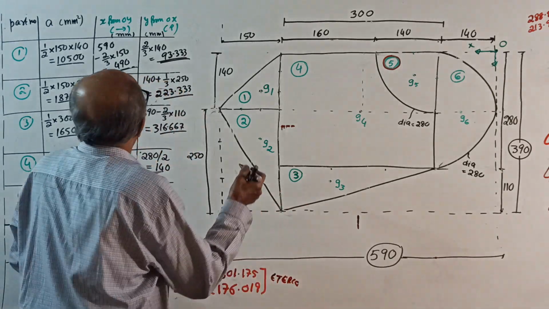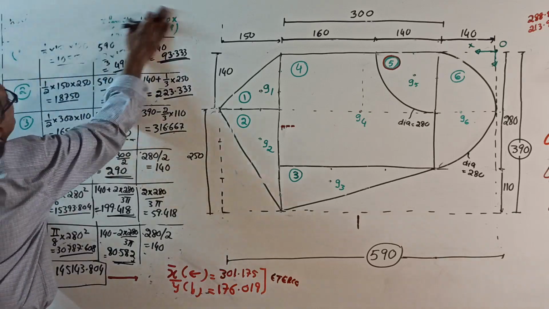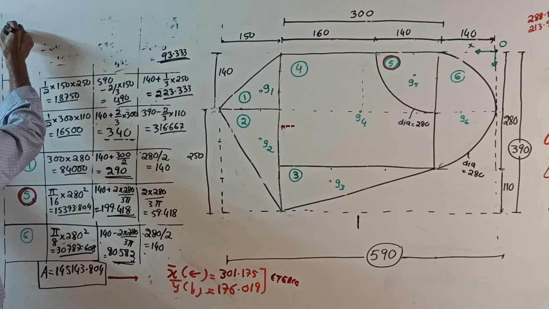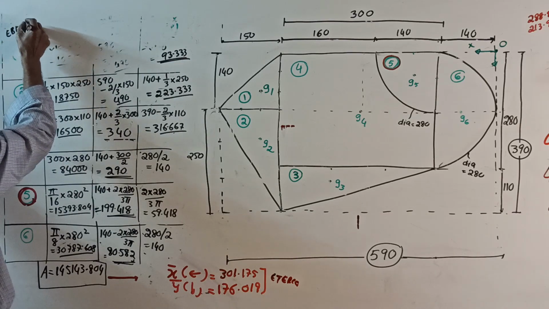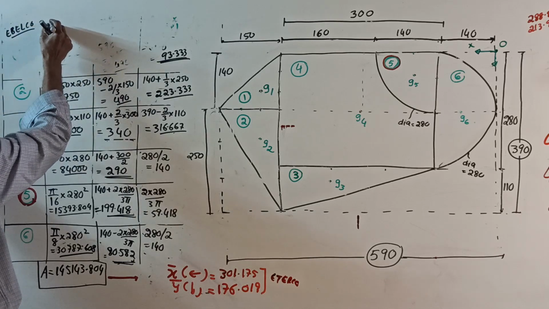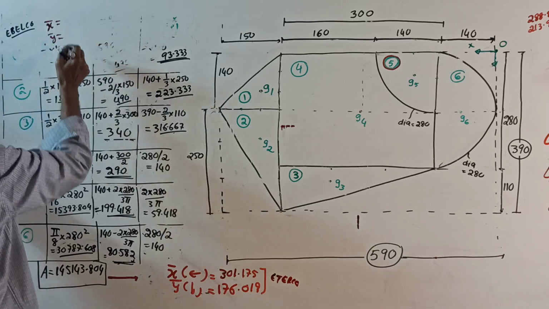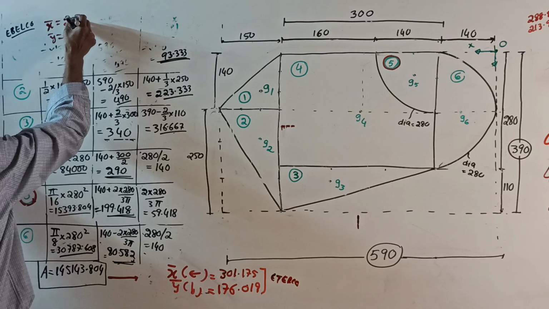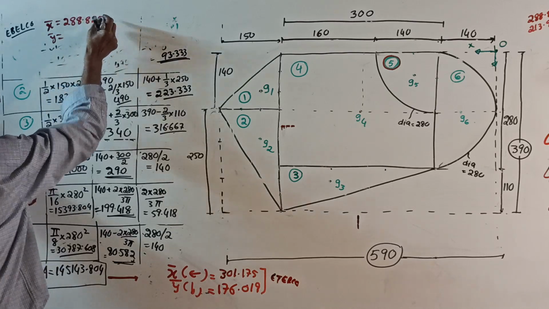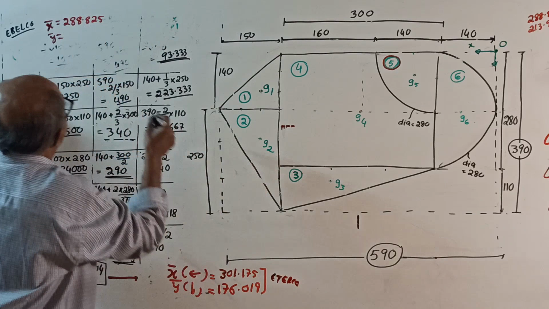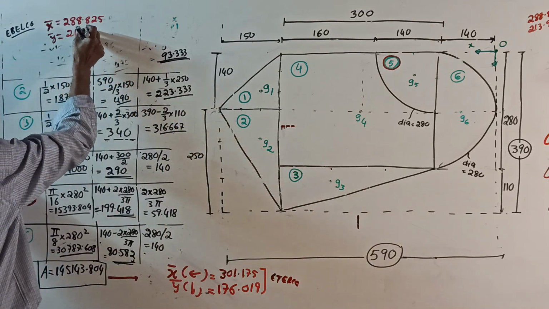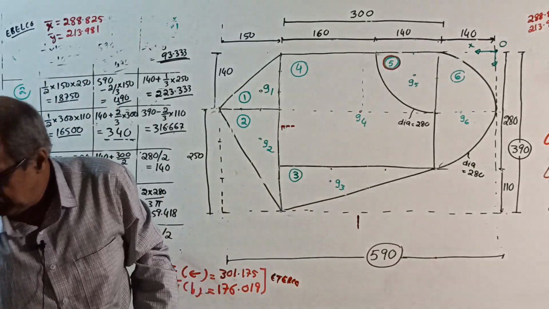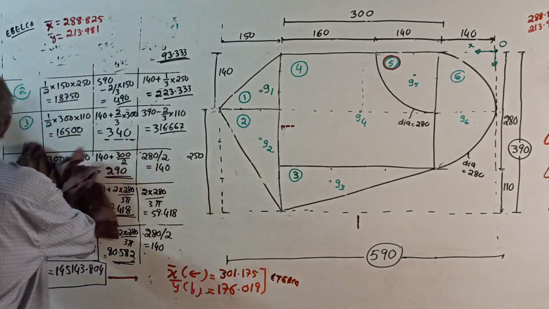And remember, I wrote somewhere here with Abelco, your x bar, y bar from last time, which I noted down: 288.825 and the other one is 213.981. Now the time has come to mark the x and y axis. I will mark it and then start moment of inertia. This I will remove.